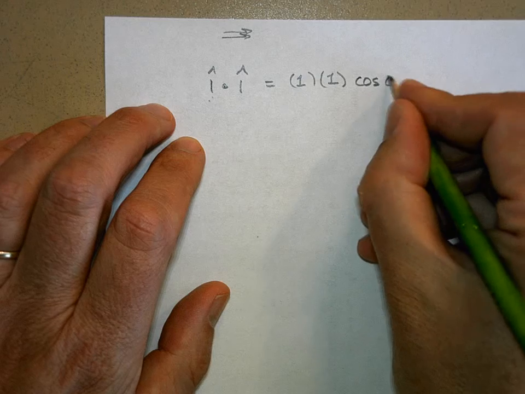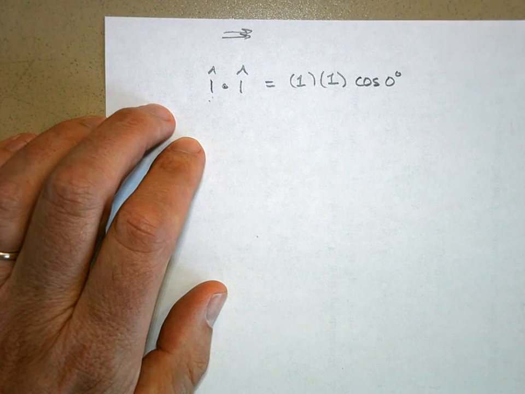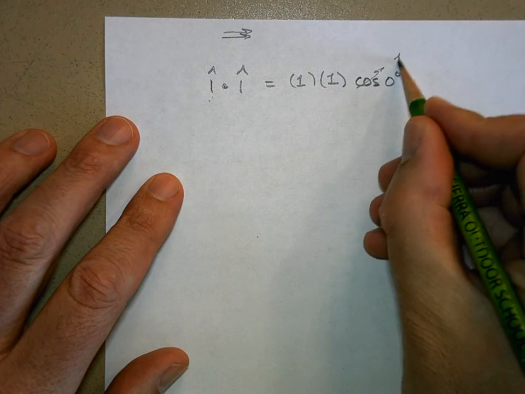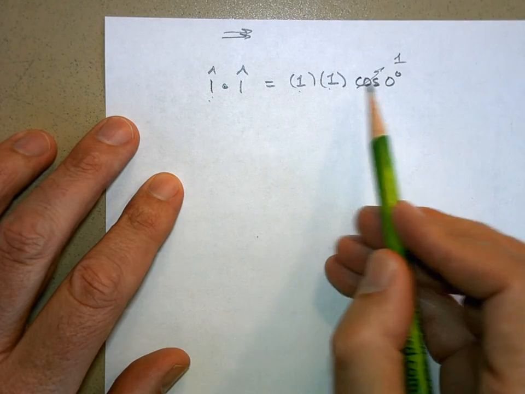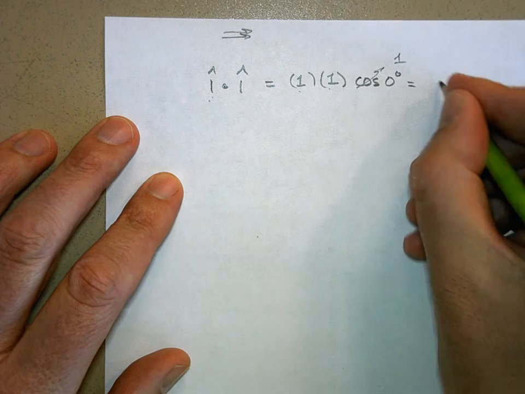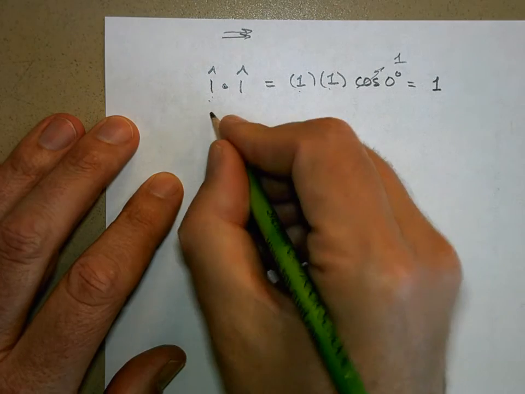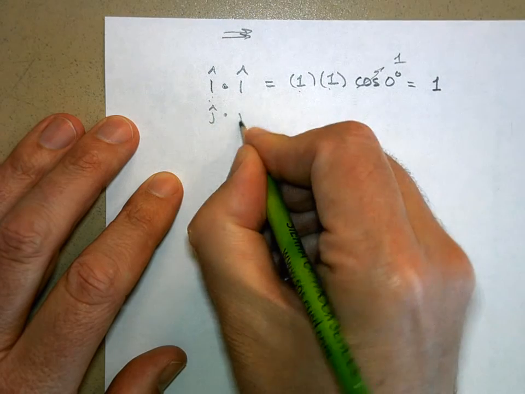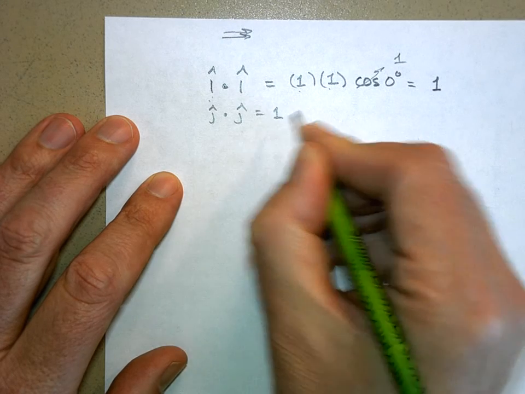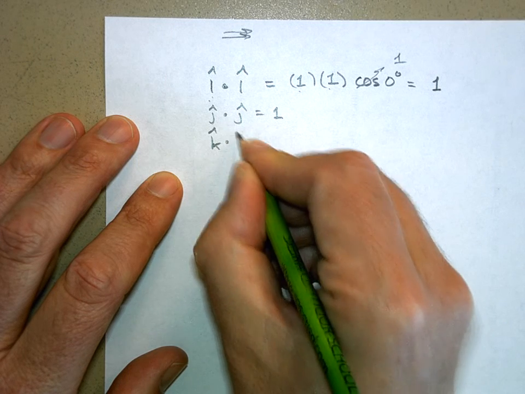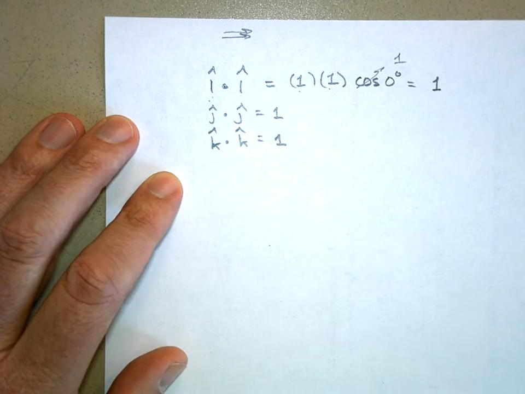And what is the cosine of 0 degrees? It's 1. So really what we're doing here is multiplying 1 times 1 times 1, and that's equal to 1. So by the same logic, j dot j equals 1 and k dot k equals 1.